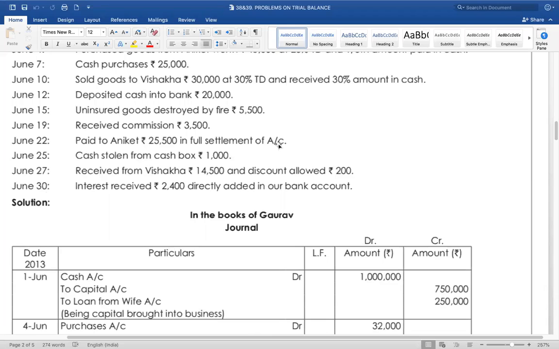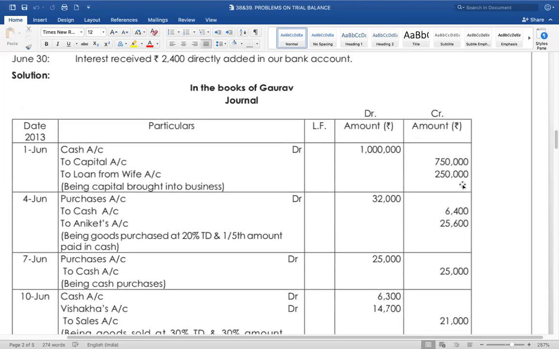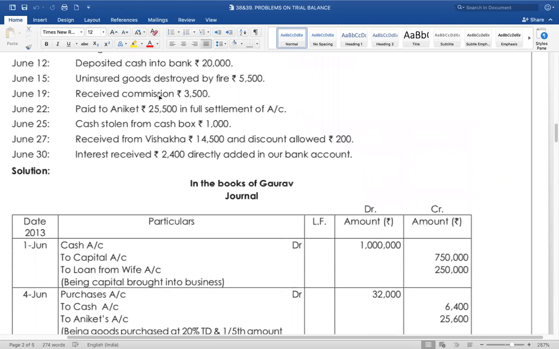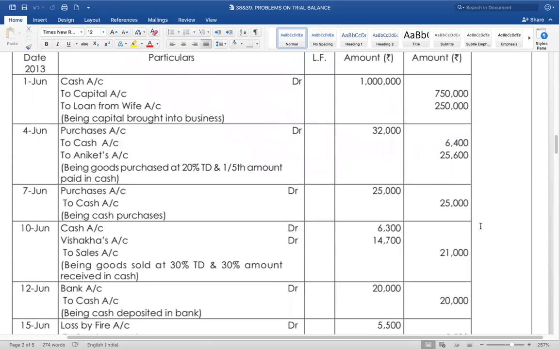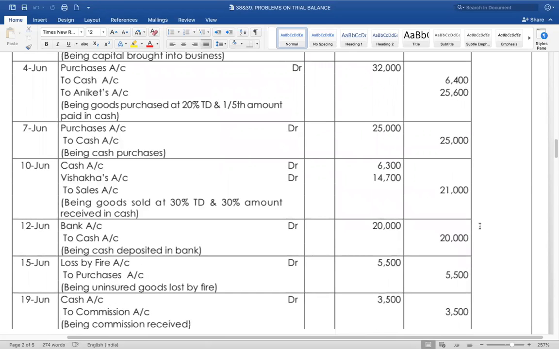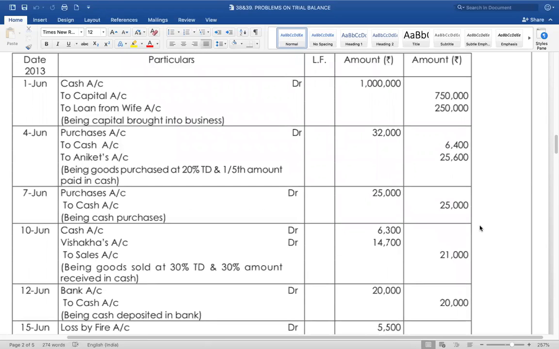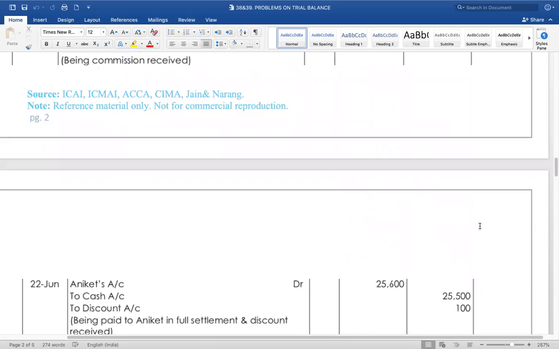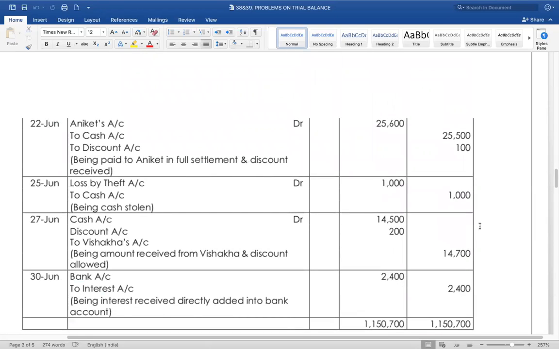How much is due to Aniket actually? 25,600. But how much are you paying? 25,500. What is the difference? The difference is 100.